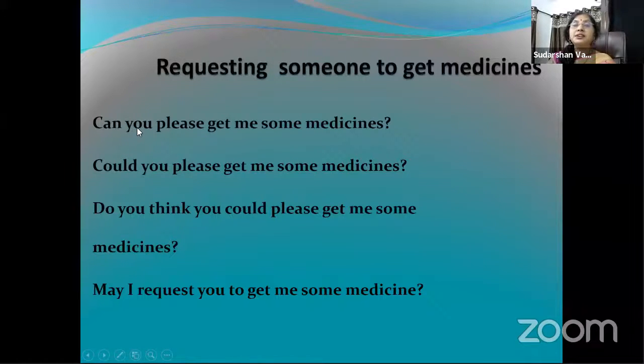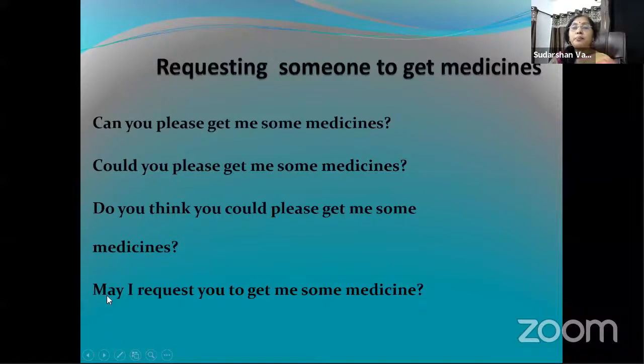Modal auxiliary, subject, then the word please, and then the verb. Rest of the sentence can be any length. Can you get? Do you think you could get? Do you think? Verb, subject, and verb. This is the helping verb and this is the main verb.